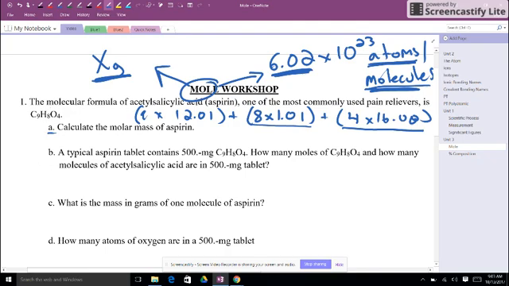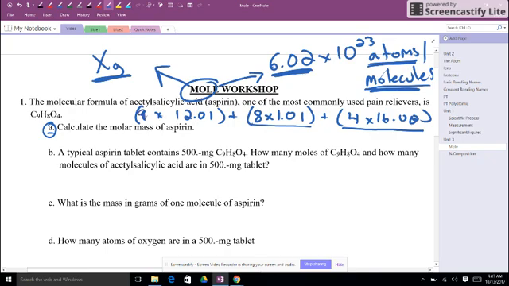The molecular formula of aspirin, one of the most commonly used pain relievers, is C9H8O4. So for part A, calculate the molar mass of aspirin. Now, how we do that again is we multiply the atoms or ions in the compound or formula unit by the individual molar mass of that element.